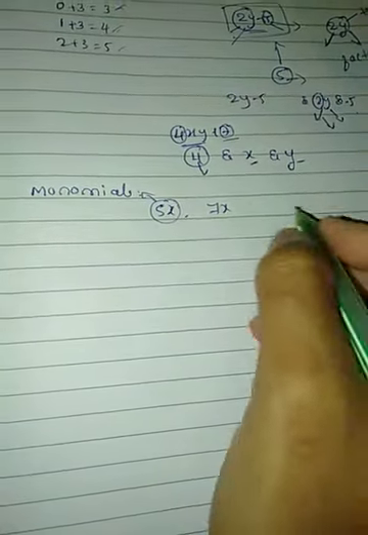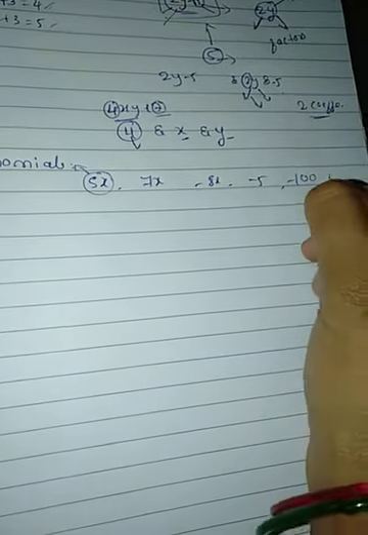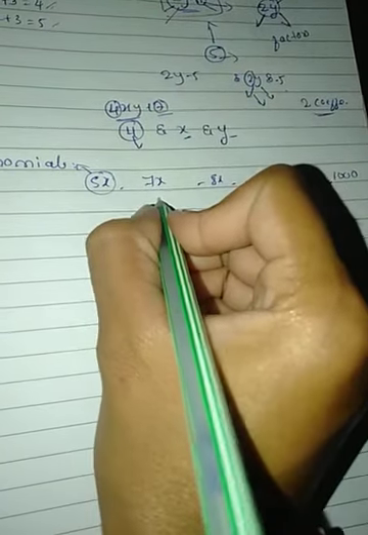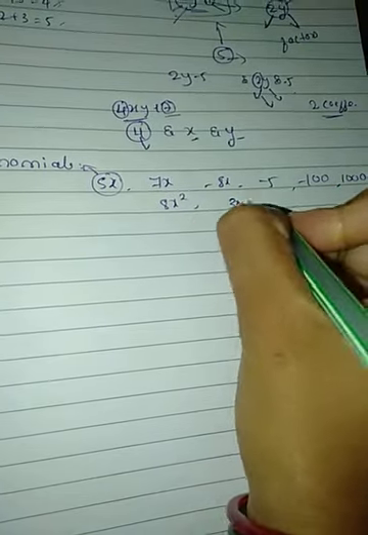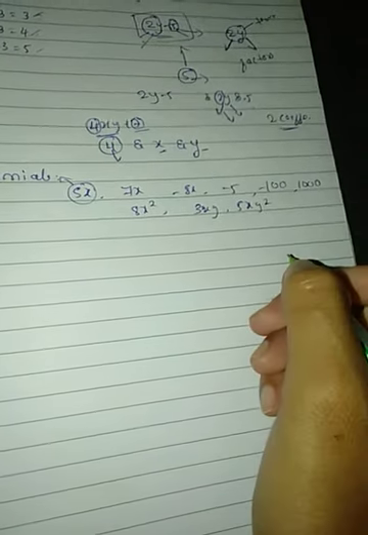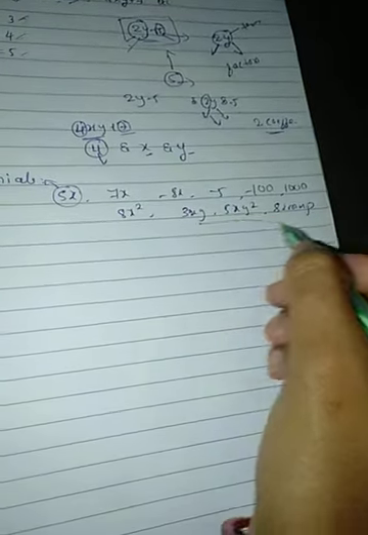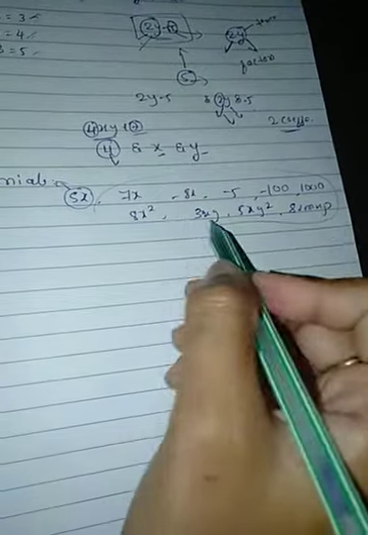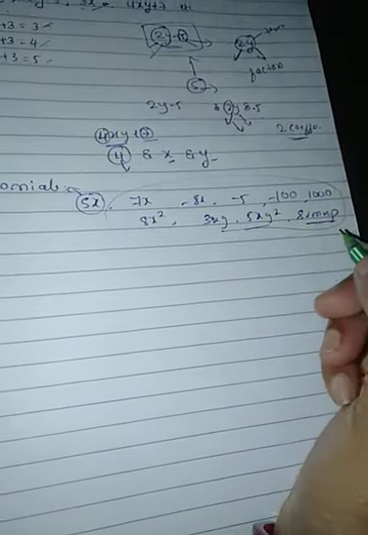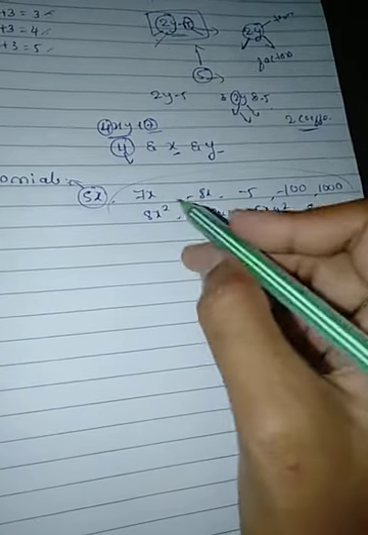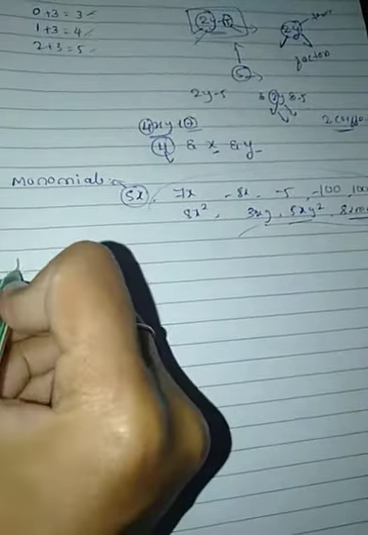If you consider 7x, minus 8x, minus 5, minus 100, 1000, or 8x square, or 3xy, or 5xy square, or 82mnp, these are all monomials, because these expressions have only one term. So 82mnp is only one term, 5xy square is only one term. If an expression has only one term, it is called a monomial.